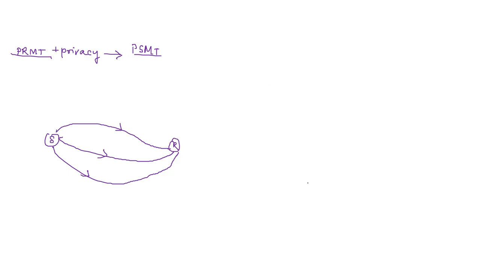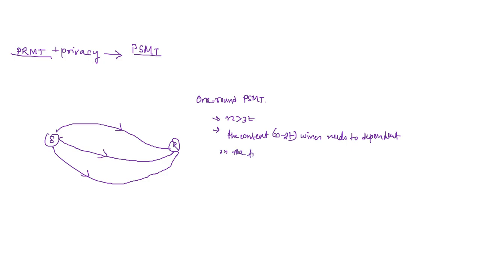So in the lecture it has been shown that for one round PSMT protocol, we need that n should be greater than 3t, and we need that the content of n minus 2t wires needs to be dependent on the transmitted message.